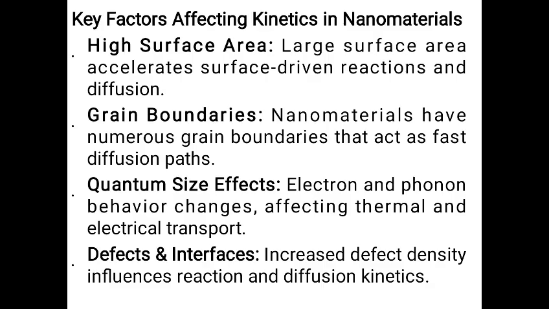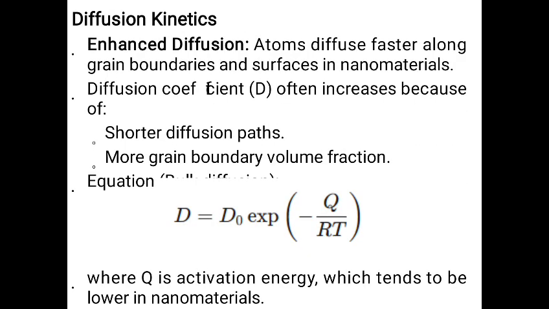Grain boundaries: the nanomaterials have numerous grain boundaries that act as fast diffusion paths. Quantum size effects: electron and phonon behavior changes, affecting the thermal and electrical transport in the material. Defects and interfaces: increased defect density will influence reaction and diffusion kinetics.